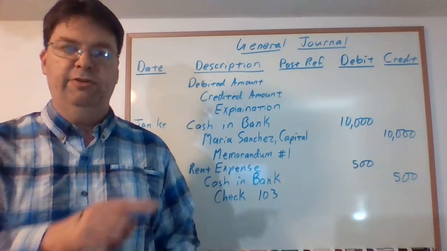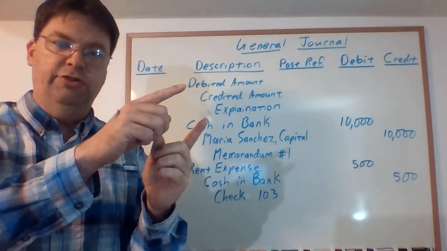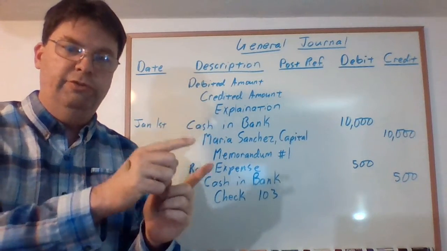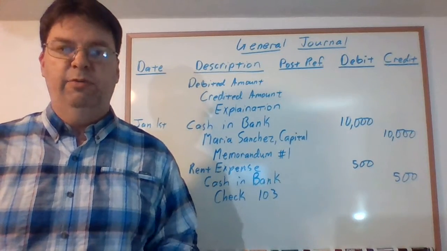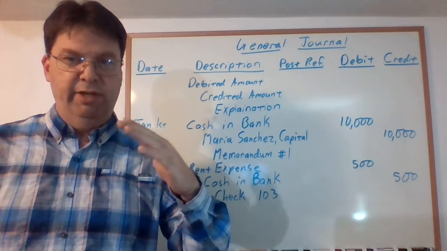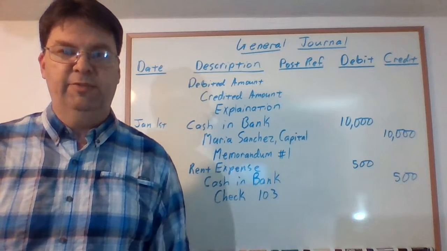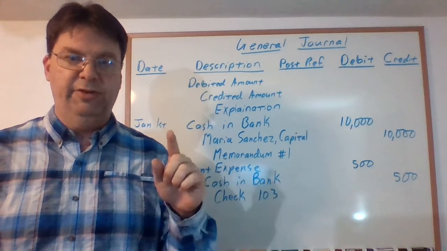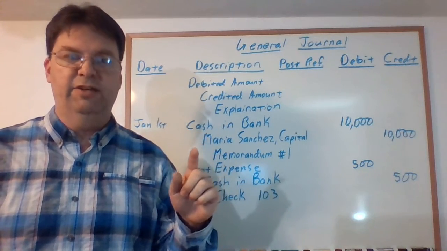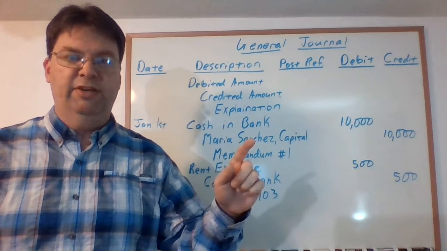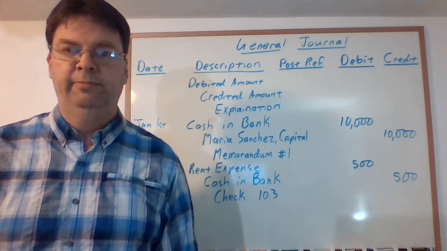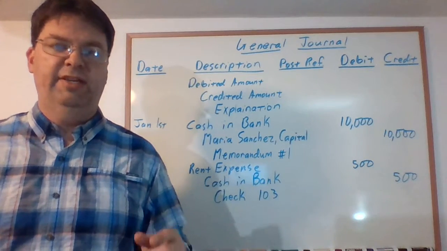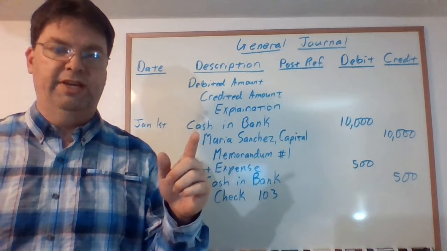Okay, so you can see this section is 1 journal entry, 2 journal entries, 3 you can see because of the indents. So you want to set those off like that: debit, credit, source document, explanation. Okay, and every time you do that, so cash and bank is our debit, capital is our credit, memorandum, number 1. All right, so that's something you want to take note of.